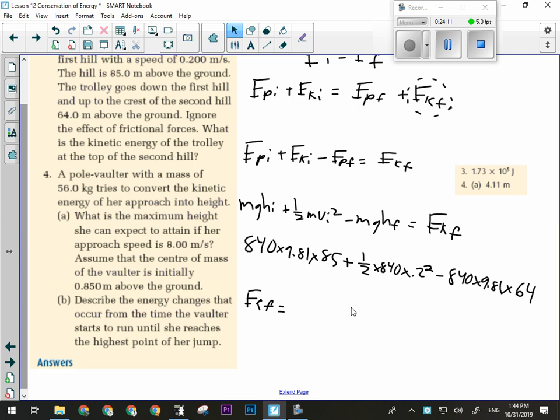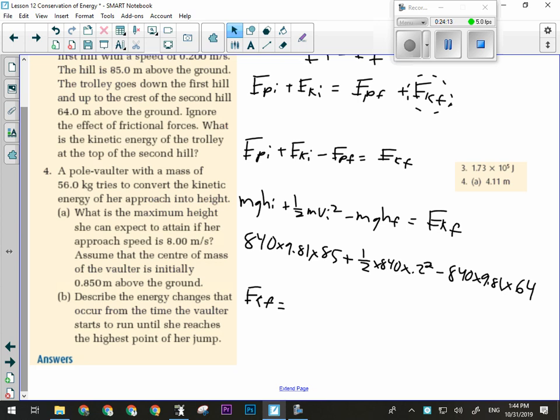All right, for question number 4 with the pole vaulter, we know their mass, 56 kilograms. In the pole vault, you're trying to convert kinetic energy essentially into potential energy, right? There's actually a number of conversions that go on in the process. First, you run as fast as you can while holding a big long pole. Then you jam the pole into this hole in the ground, and it stops the pole. Now, the pole is made of fiberglass, so it bends.